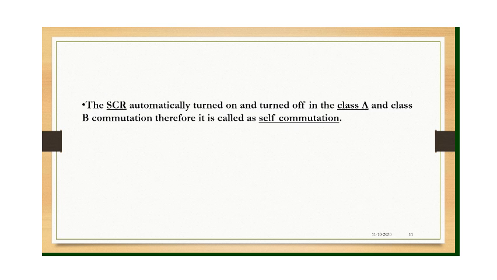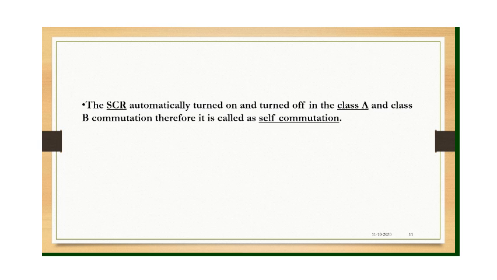So the SCR is automatically turned on and off in class A and class B commutation circuits. That's why they are also called self-commutation. Whereas class A is also called resonant commutation circuit.